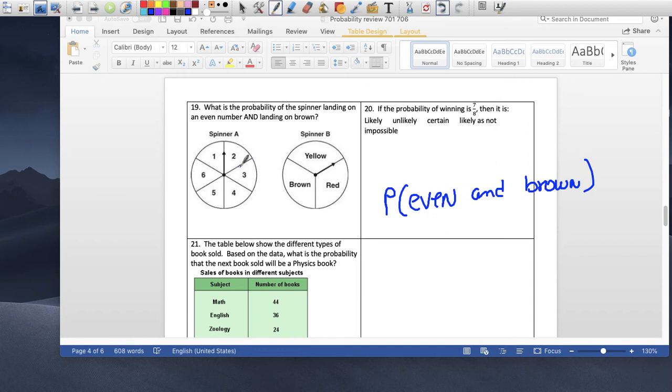The probability of landing an even number, well, there's 1, 2, 3 even numbers, so you have a 3 out of 6 chance of getting an even, times the probability of that spinner landing on brown is 1 out of 3. Let's simplify. You can cross these 2 out. Simplifies to 1. Do the 1 here, 1 here. And then you can multiply out and you get 1 out of 6. The probability of you achieving that is a 1 out of 6 chance.